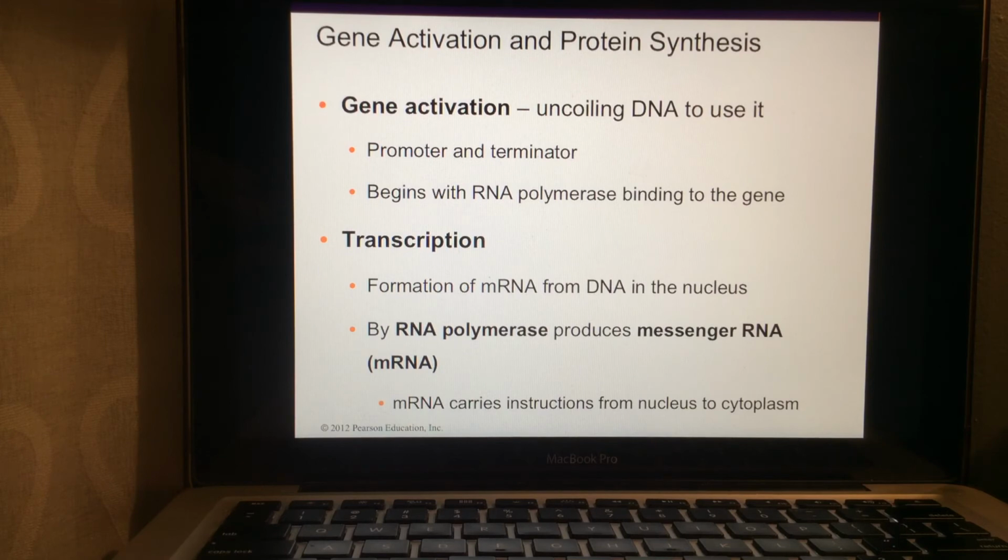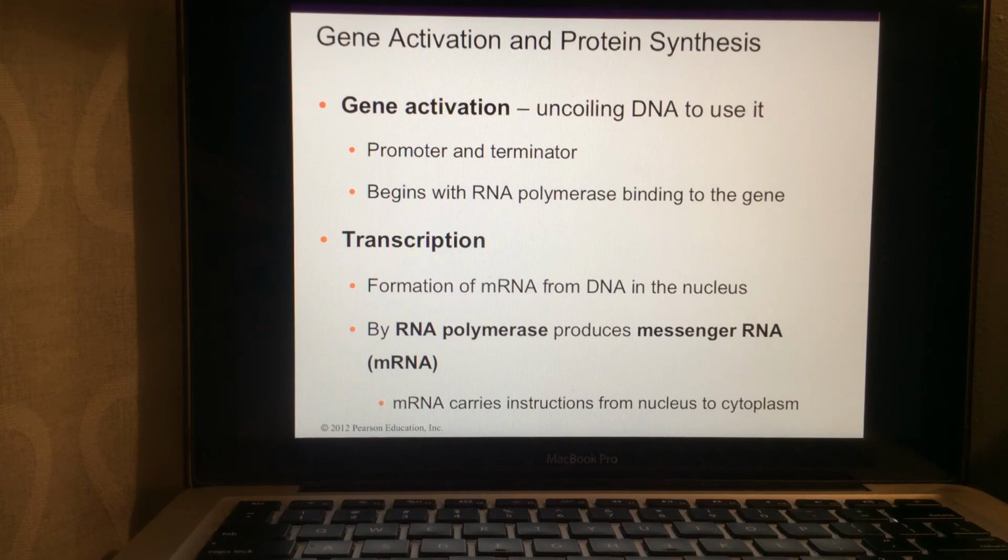So when we look at this, gene activation is uncoiling the DNA to use it, and there's going to be a temporary removal of those histones. It's going to begin the temporary disruption of weak hydrogen bonds between the two, so it's going to allow the 2 DNA strands to separate, and it begins with a promoter that starts the message and a terminator that ends the message.